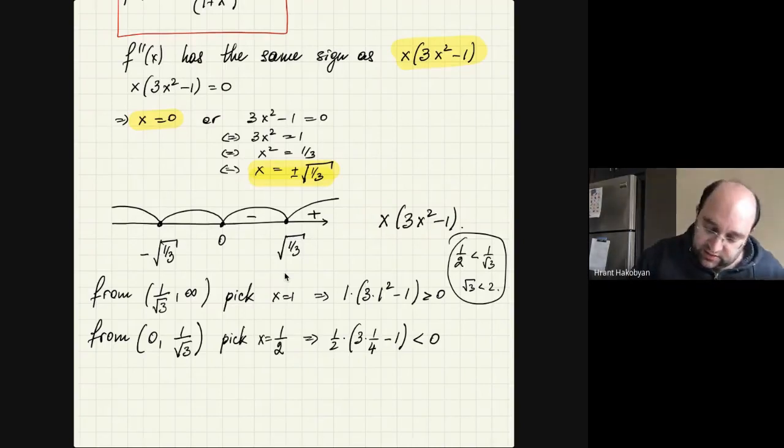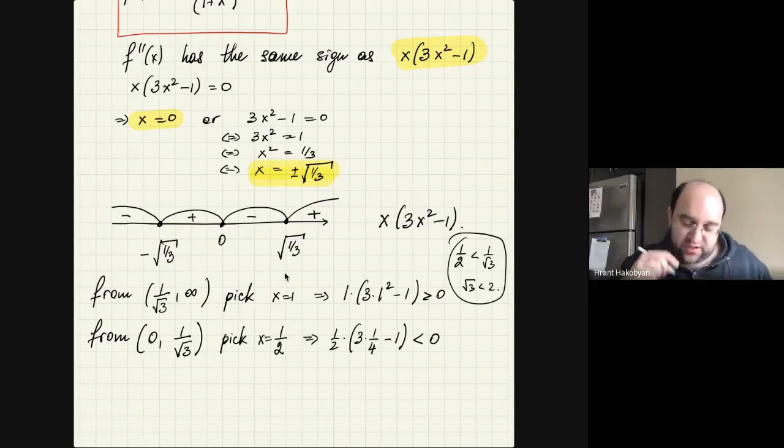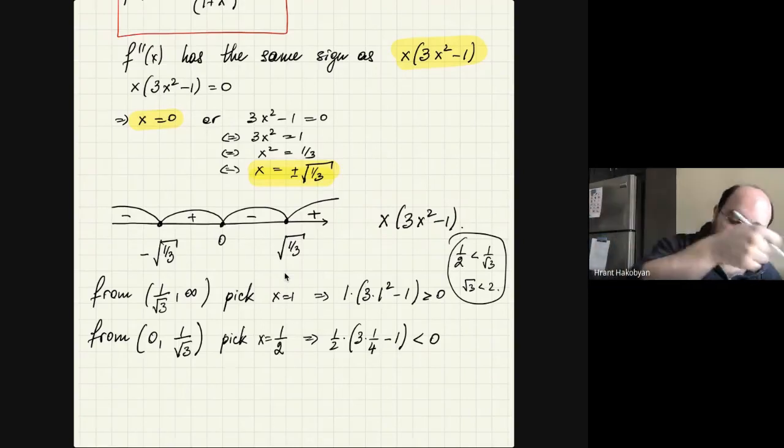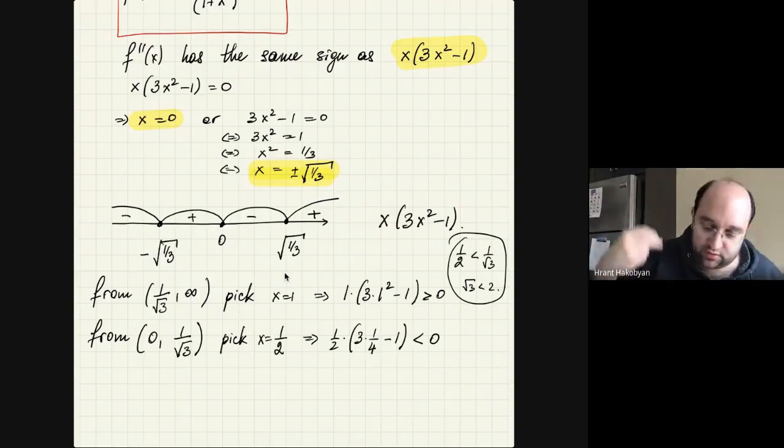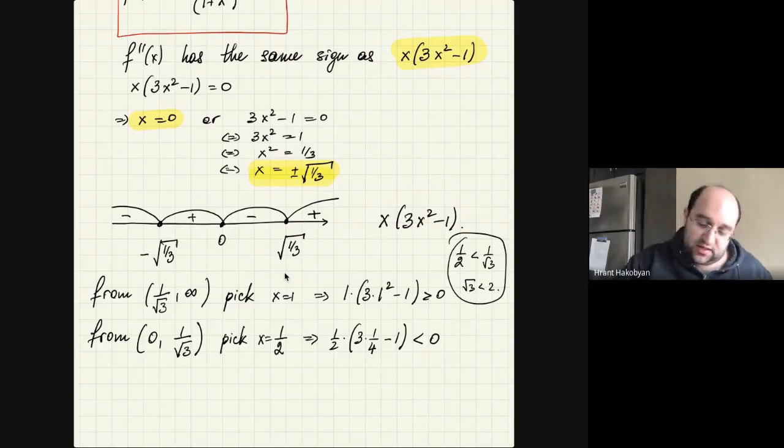And then I can continue doing this, and you will see that I'm going to get a plus here and a minus there. In this kind of expression, I always find the sign on the rightmost interval, and then I switch the signs every time I pass through a root. Unless it's squared or an even power, but in these cases it doesn't happen.